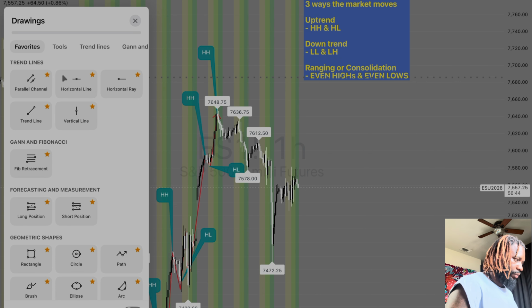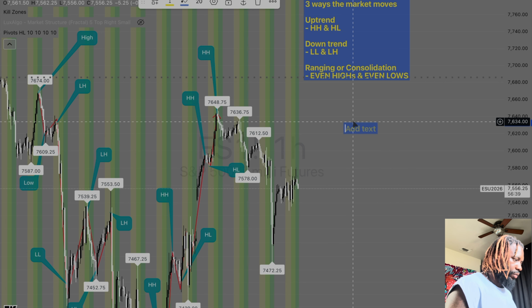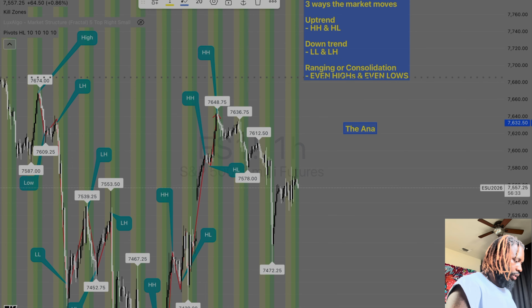So we've already talked about the anatomy of a candlestick. And then next we're going to go into support and resistance, and then we're going to go into time frame analysis.